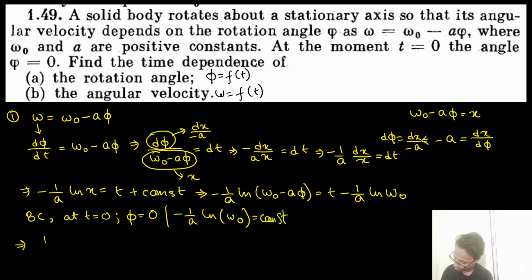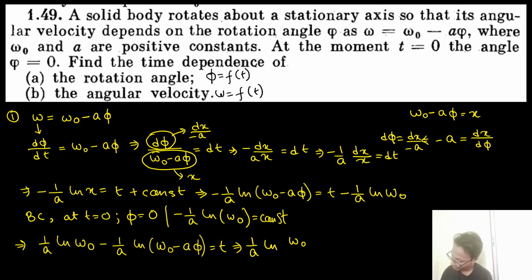So 1 by a ln omega naught minus 1 by a ln omega naught minus a phi is equal to t. This can be written as 1 by a (ln a minus ln b), which is equal to ln a by omega naught minus ln a by b, equal to t.